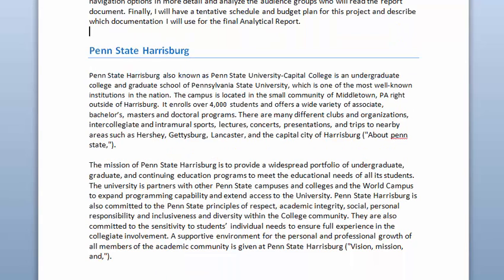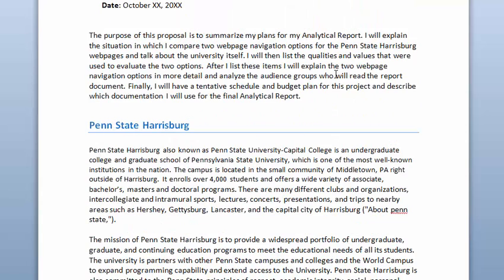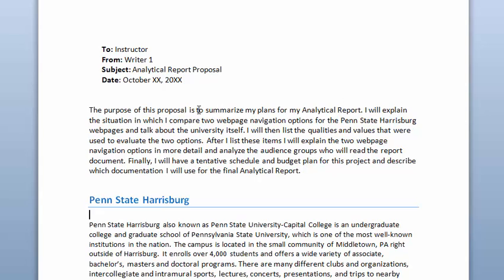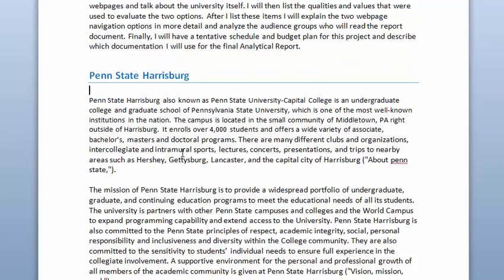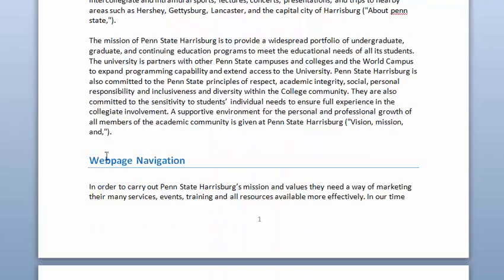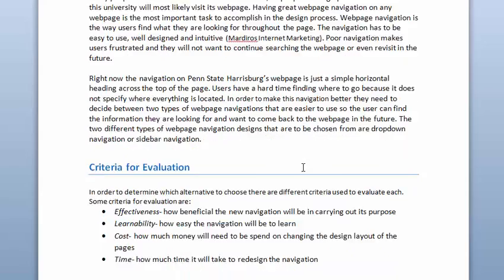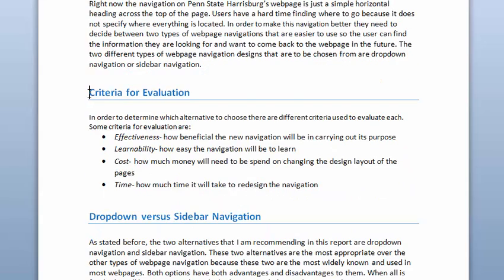The first section after the introduction, for example, which isn't labeled introduction, by the way, if you notice, the first section is labeled Penn State Harrisburg. And then we have one that's labeled web page navigation. And then we have criteria for evaluation.